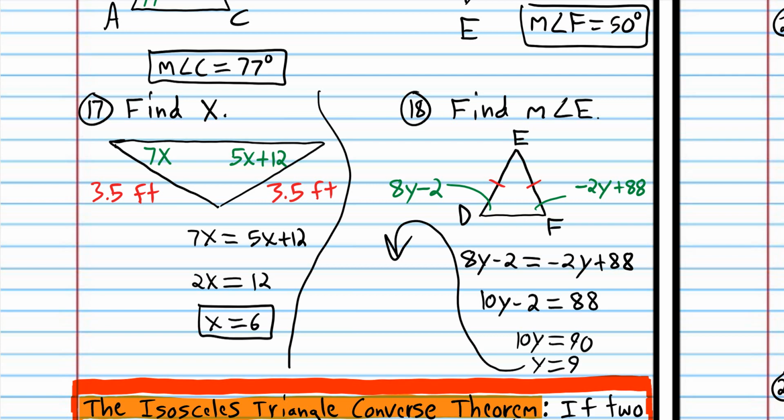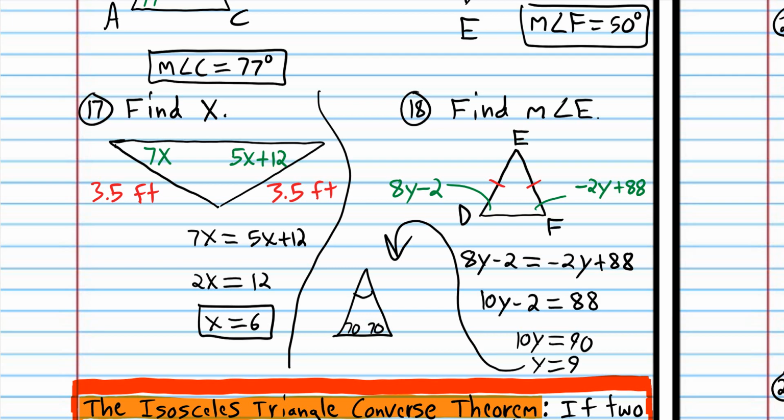So we're going to plug in 9 here, and we get 72 minus 2 is 70. So that means the other angle must be 70 also. So we have a triangle where we have 70 degrees and we have 70 degrees.